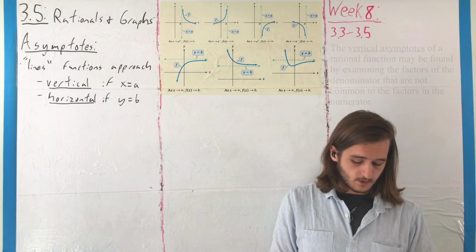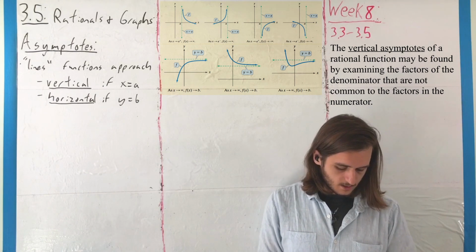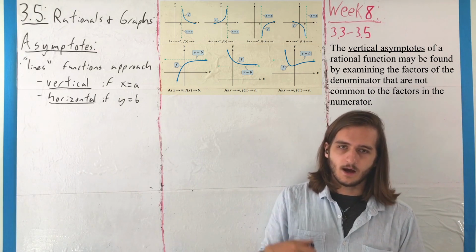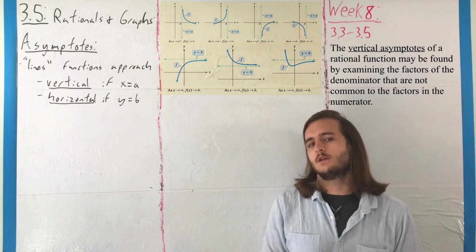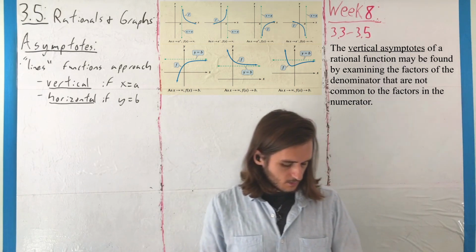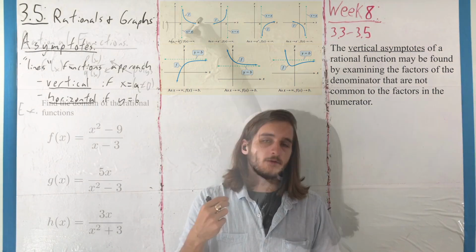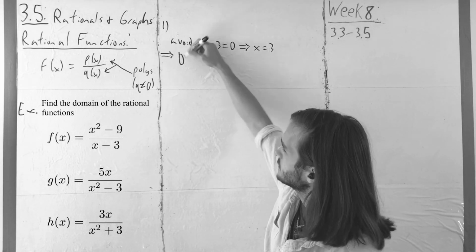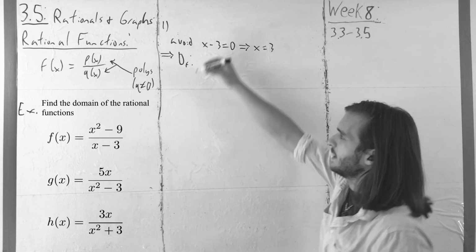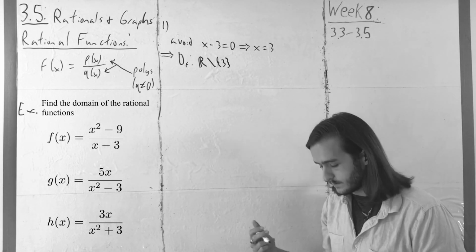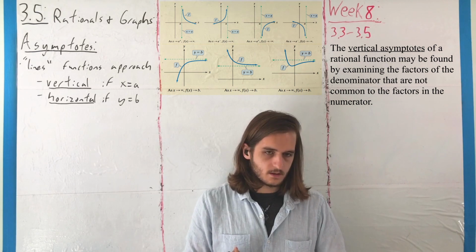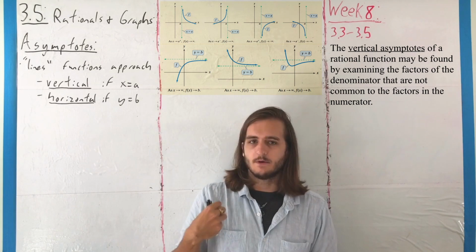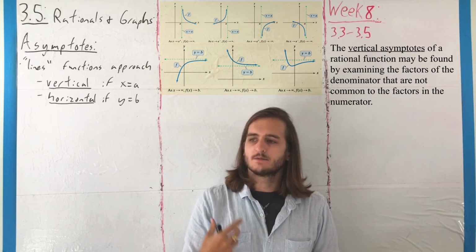Anyway, if we want to talk about vertical asymptotes in particular, what we need to do is identify the roots in the denominator of our rational function that are not roots in the numerator. Thinking back to our very first example, x squared minus 9 over x minus 3, having a 3 in the denominator made it 0, but that could also be simplified and rewritten to be something very close to x plus 3.